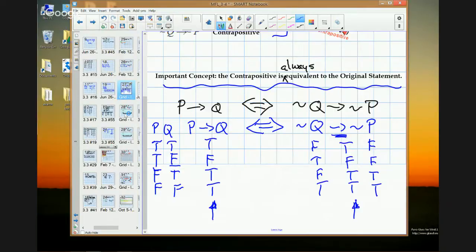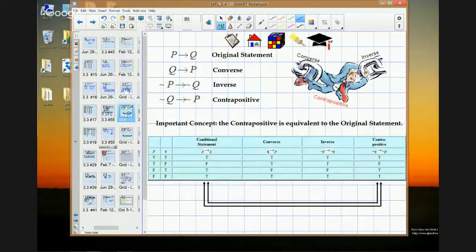If you look on the website, I show it to you this way, where I actually work out all the truth tables. Here's the original, here's the contrapositive, and you can see they're both TFTT. You can see that these two do not equal the original, even though they are equivalent to each other, but what's important is they're not what the original said.